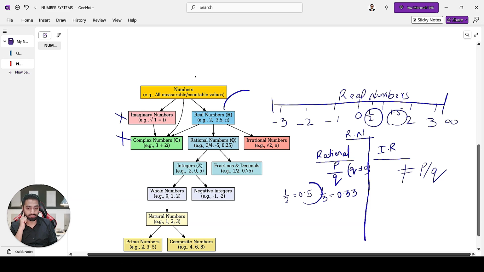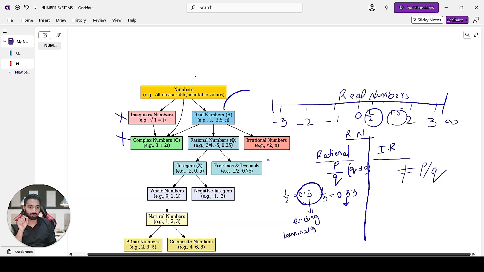Another thing that you need to consider when it comes to rational numbers is the decimal. If you see, it is ending, and after 0.5 there is nothing. Either the decimal ends or terminates after a certain number, or it should have a repeating pattern.